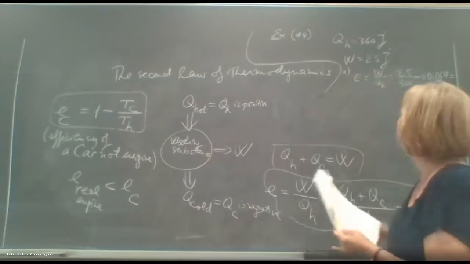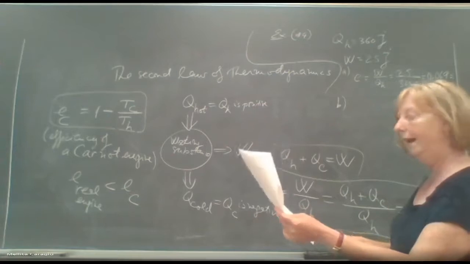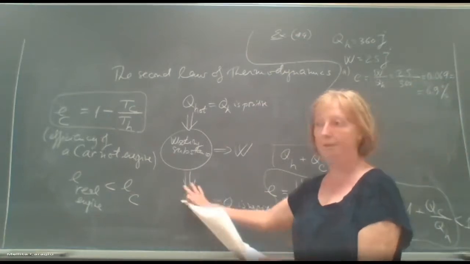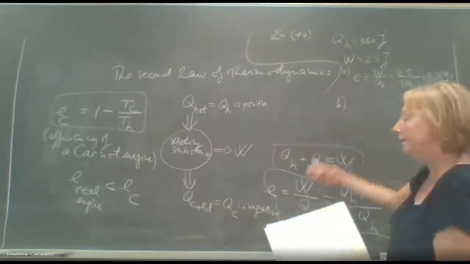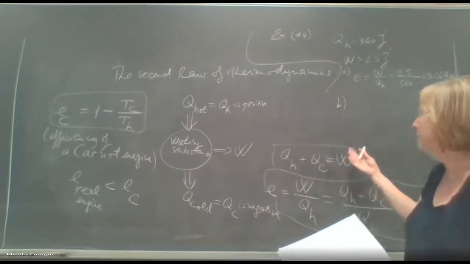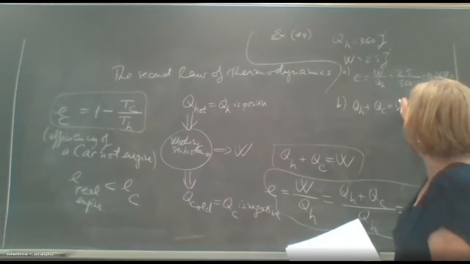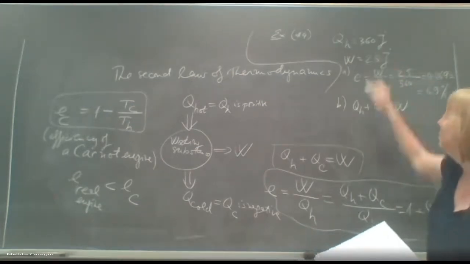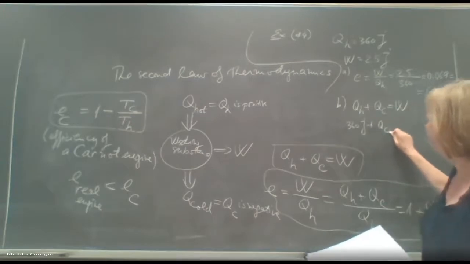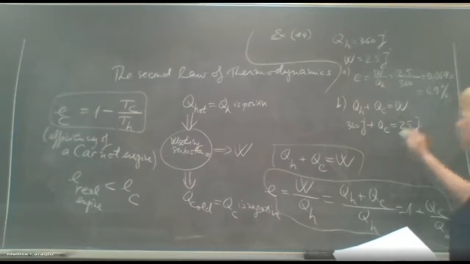The second question, part B, is asking, what is the energy expelled to the cold reservoir? So they ask how much is Q cold. And then we go back to this expression, for instance. I know that Q hot plus Q cold equals work. So Q hot is 360 joules. Q cold, I don't know, but work was 25 joules.